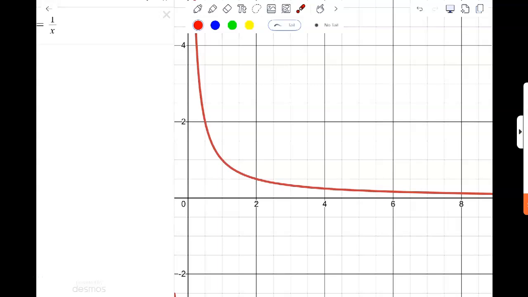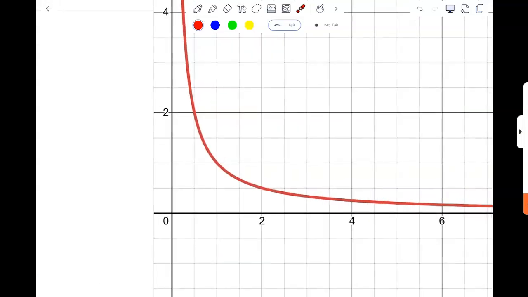So I'm going to start here at x equals 1, and I'm going to make the rectangle that comes up to its point in the graph, which would be 1, 1. So that's from 1 to 2. And then I'm going to start here at 2, and go up to its point in the graph, over to 3.